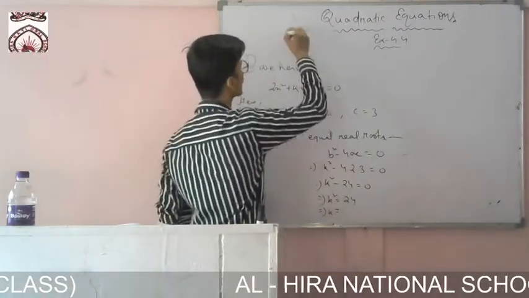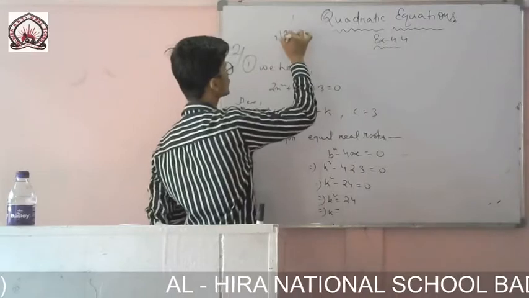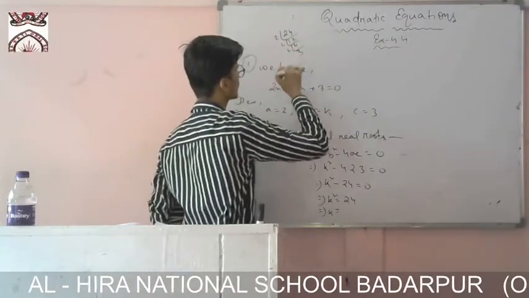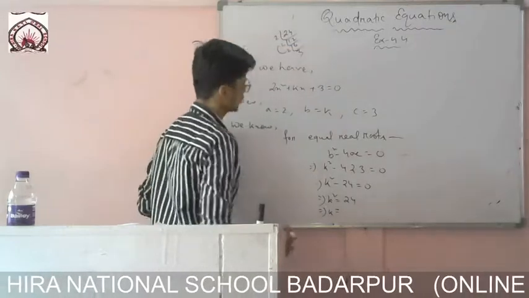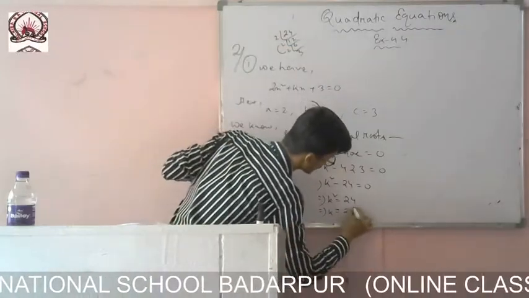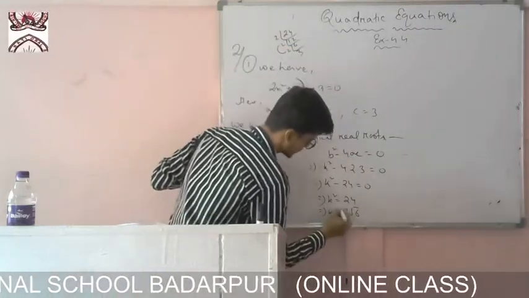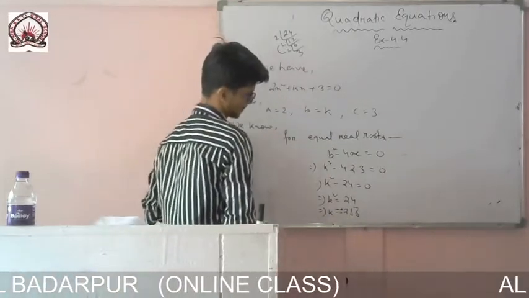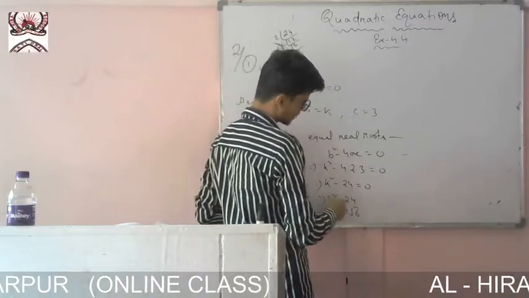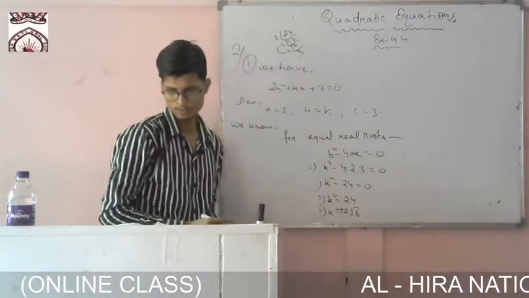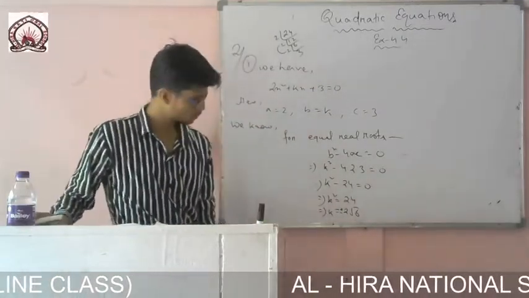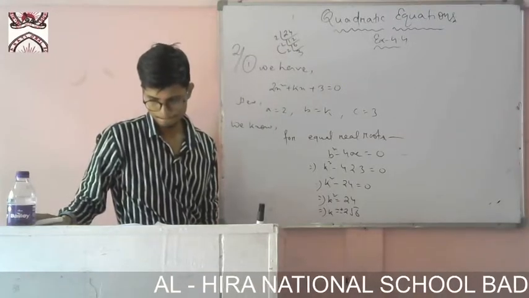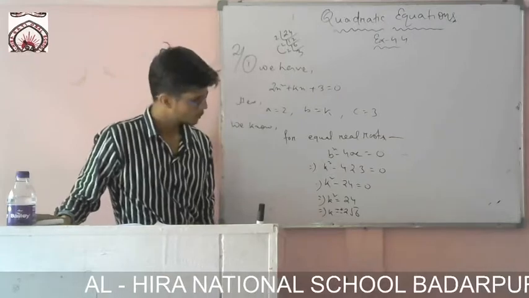If I change the square to the other side, k will be plus minus root over 24. 24 I can write as 2 12s, 2 6s, 2 3s. So k will be plus minus 2 root 6.